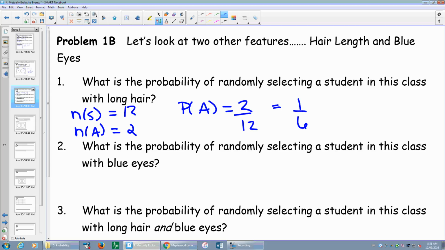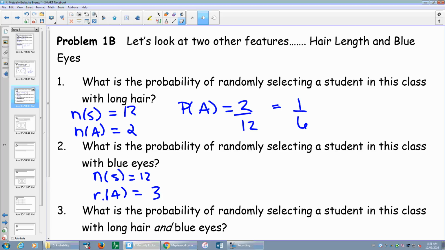What is the probability of selecting a student in this class with blue eyes? So we talked about this. We already know what our blue eyes are. The probability of, oh, no, we didn't. My NS is still 12. My NA, how many of you have blue eyes? Raise your hand. So we have 3.